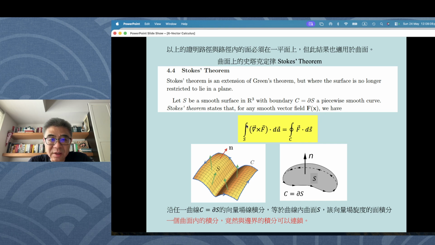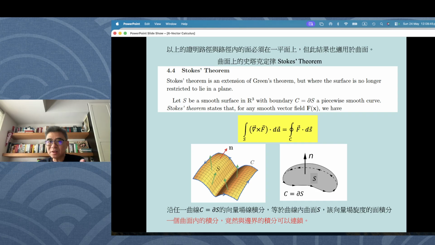Then if I take the line integral of any vector field, here I call it F, along the boundary C, it will be equal to the curl of F doing a surface integral through the surface S. Okay, so again, it's an example where we can connect an integration on the boundary to quantities in the middle.